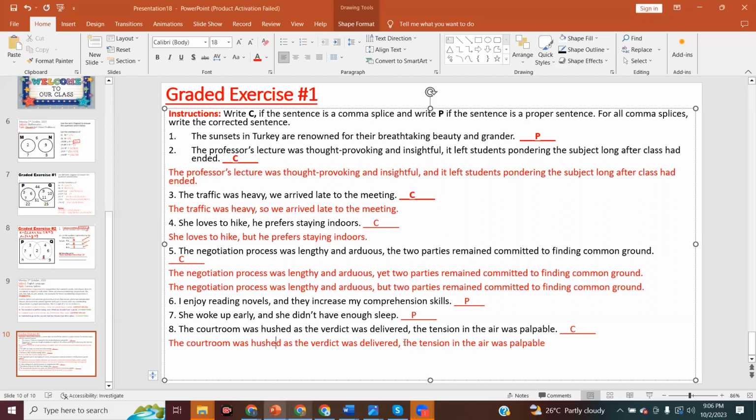And is the best one. The courtroom was hushed as the verdict was delivered, and the tension in the air was palpable. That kind of makes sense. Yeah, it does make sense. I like it. It is and.